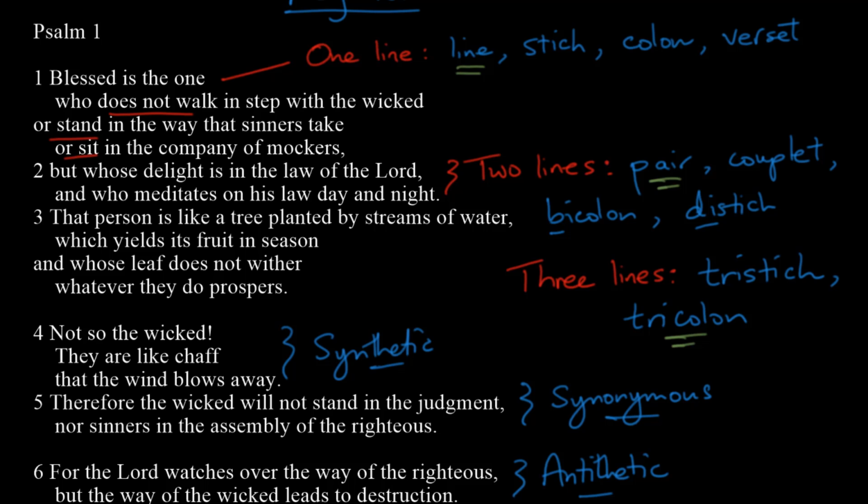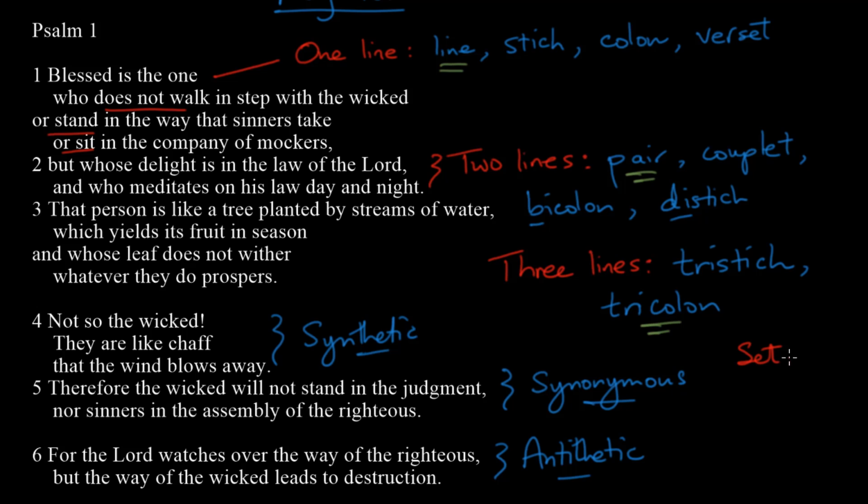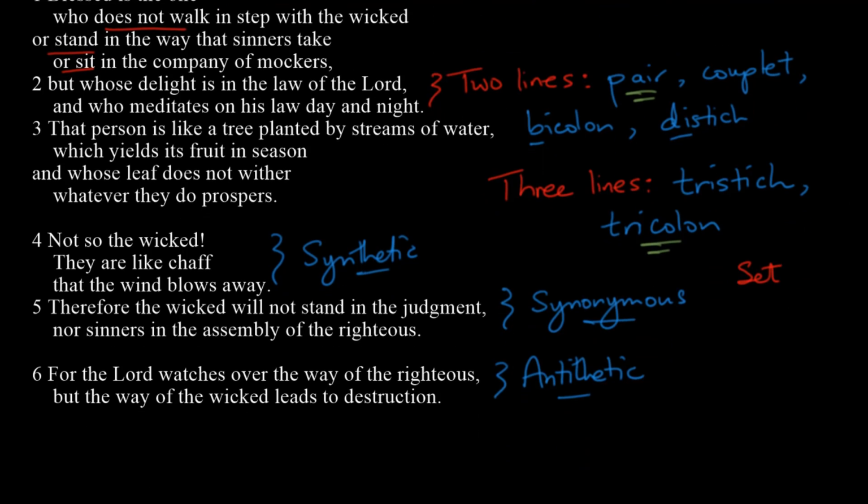Next, it's useful to have a term for a set of lines. So a bunch of lines that work together. Imagine that you have two pairs, for instance, in a row. What are you going to call these things? Of course, one of the terms we could use is simply set itself. Okay, so we can call this a set. We can call it a bunch of lines.